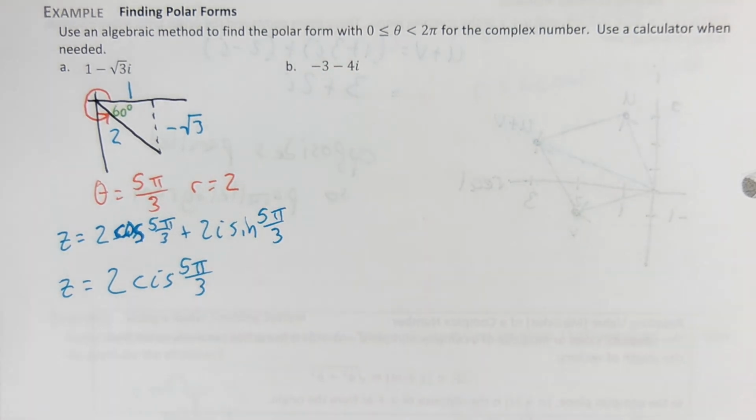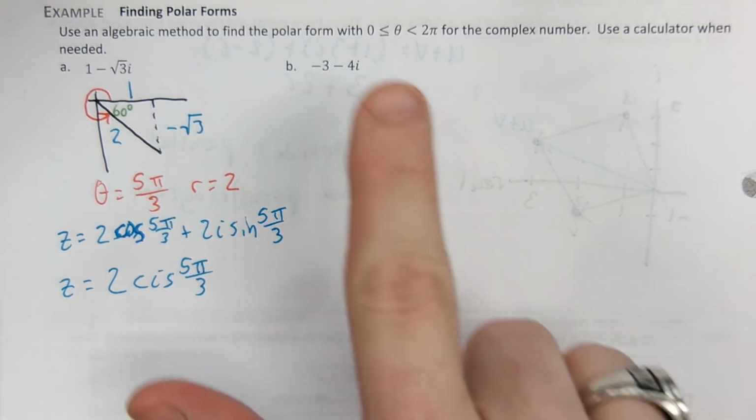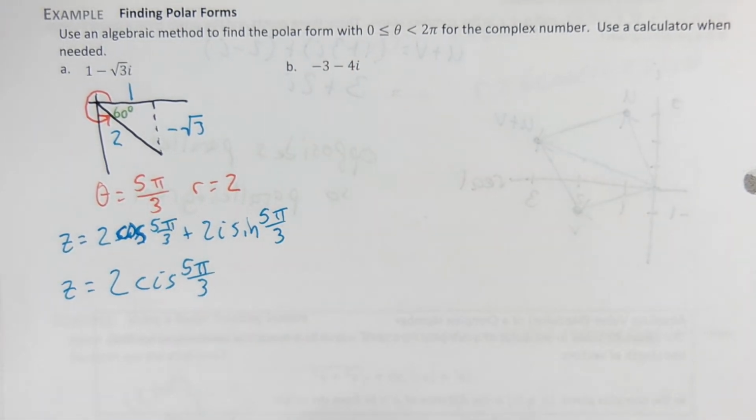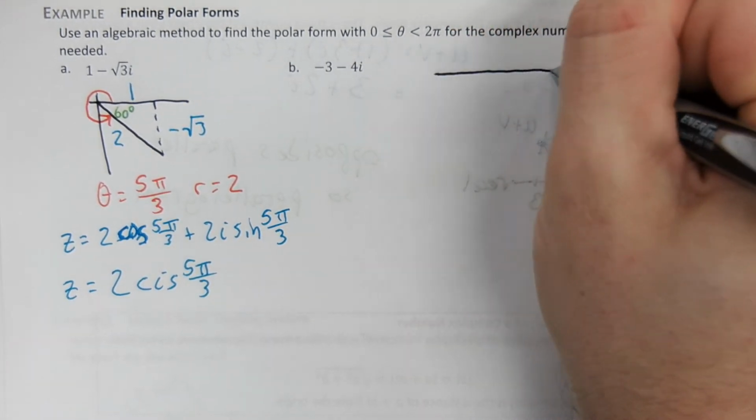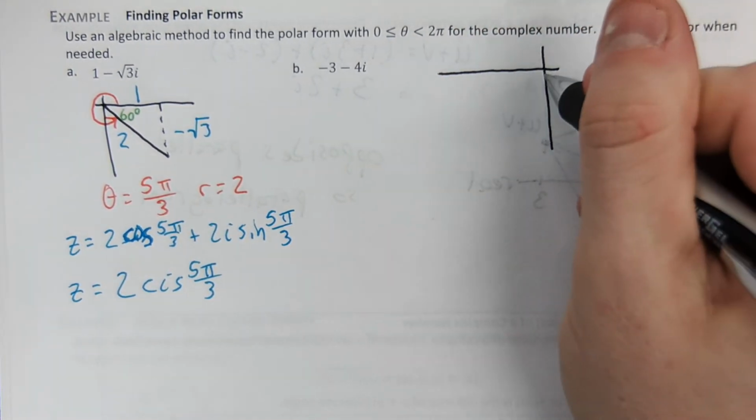Okay, this one. We're not going to be able to figure out theta by hand. We will have to use a calculator because once again we have a 3, 4, 5 right triangle, and that's not one of the special ones whose angles we've memorized. So trig will be our friend there. But since they're both negative, I'm going to draw myself a triangle in quadrant 3.